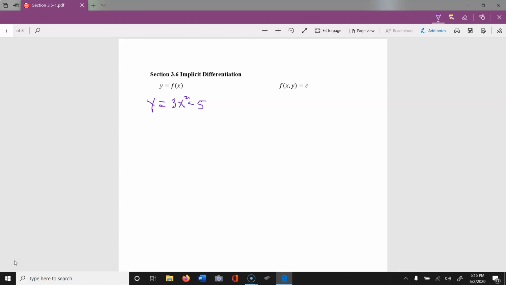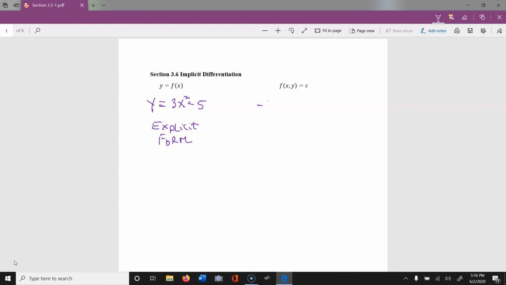So here y is a function of x, and this is what we would call explicit form. Okay, so an equation that's written in explicit form is an equation that looks like this. Y is a function of x. But I could have written the equation like this, the very same one.